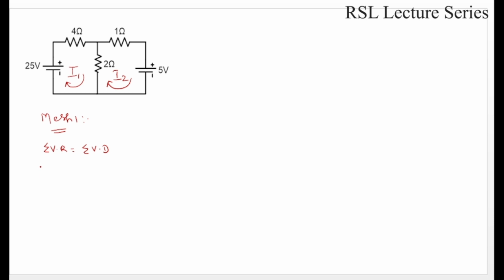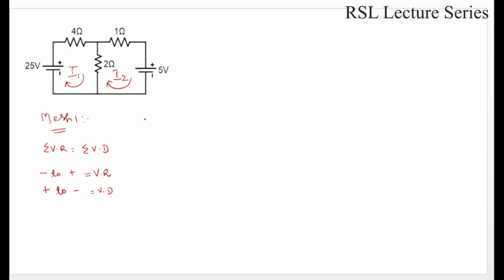If the assumed current direction is from negative to positive with respect to the voltage source, it is considered a voltage rise. Similarly, if the assumed current direction is from positive to negative, it is considered a voltage drop. Voltages across all the resistors are assumed as voltage drops.